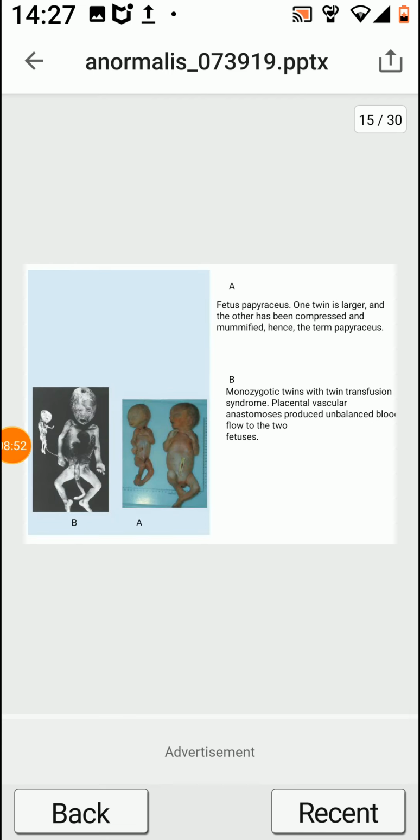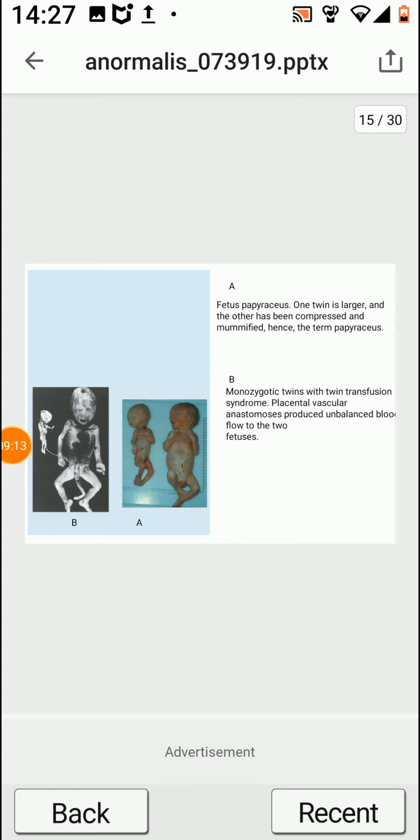Now for this slide we're having fetus papyraceus, whereby in image A, one twin is larger than the other.